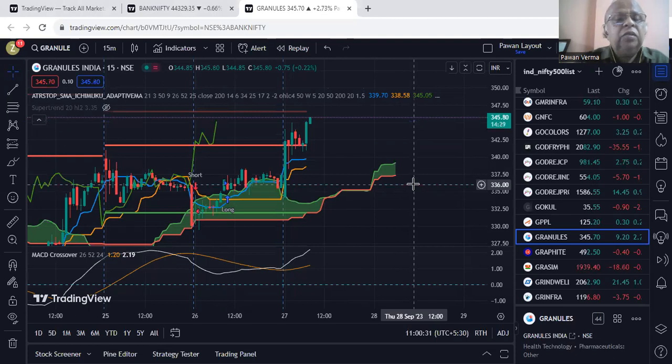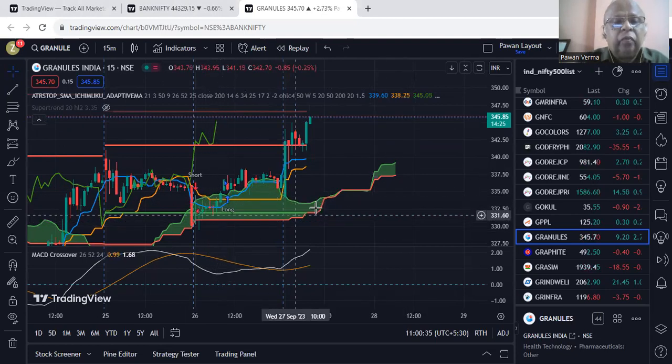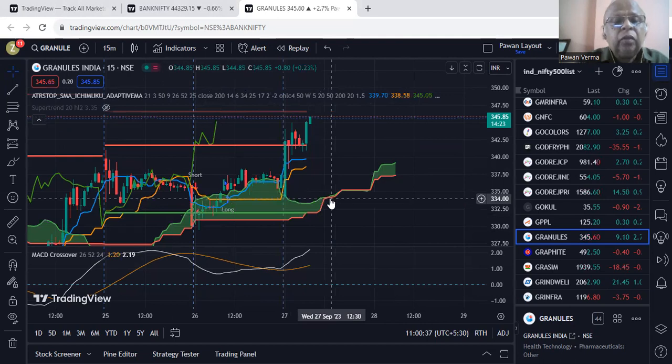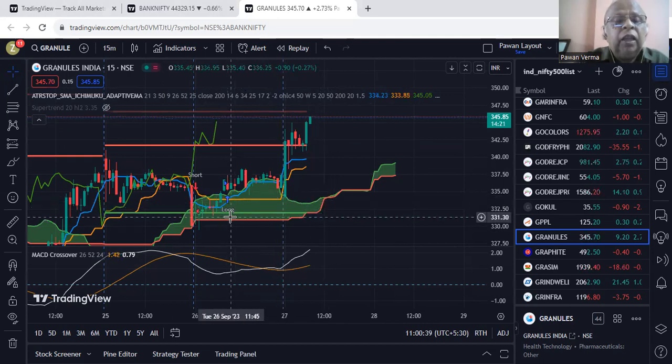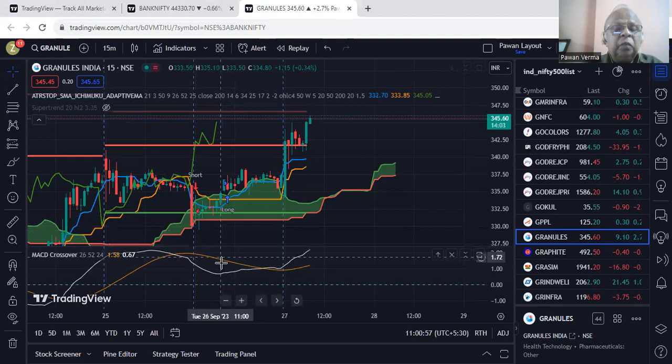Hello friends, this is the chart of Granules India. What we are observing here, Tenkan-sen crossover is seen at around 11:45 a.m. yesterday, that is 26th of September 2023, whereas MACD has not given the confirmation regarding the bullishness.